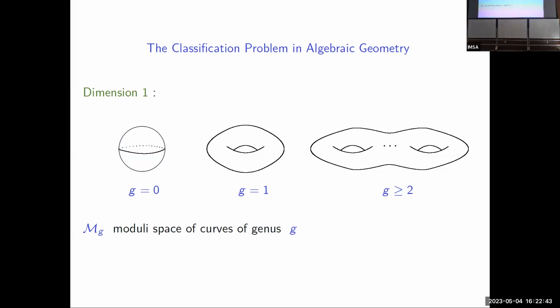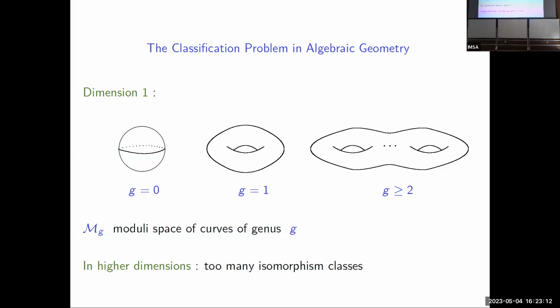So in a sense this is the classification program for Riemann surfaces. You find the genus, and then once you know the genus, you have these moduli spaces for each fixed genus. Now, if you try to run the same program in higher dimensions, it turns out that you cannot do that because there are way too many isomorphism classes.